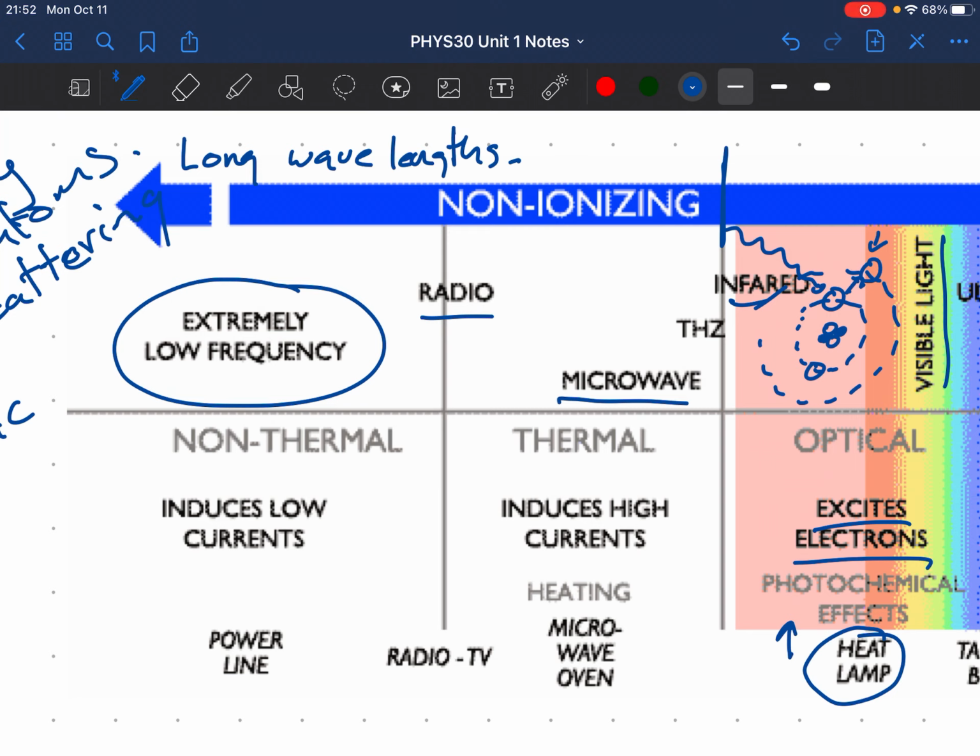Low frequency, long wavelengths. And those can be caused by power lines. We've got AM radio kind of right in here. So you can see those are all types of non-ionizing radiation. They cannot hit the electrons and cause the electrons to leave their molecules.